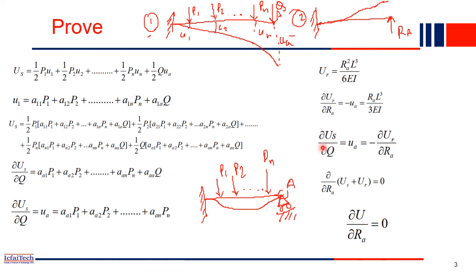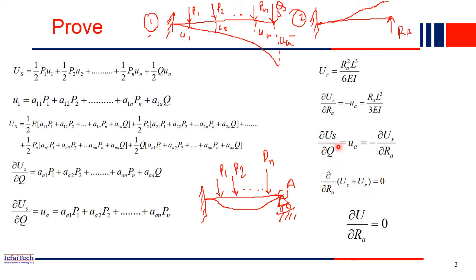So that's why delta US by delta Q is equal to UA, which is the negative of this value. If you add both, you will get zero. So this plus this gives zero, whereas here the displacement is zero. Now from this expression, if you move this portion to this side, you will get del U by del R equal to US plus UR.